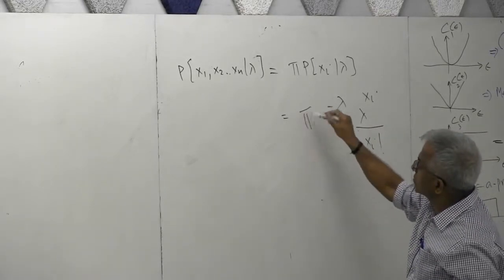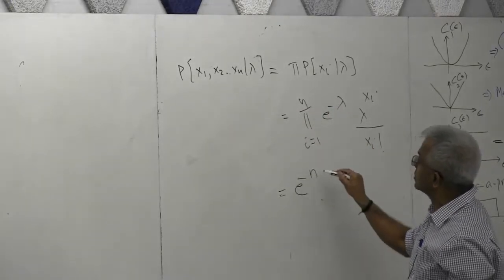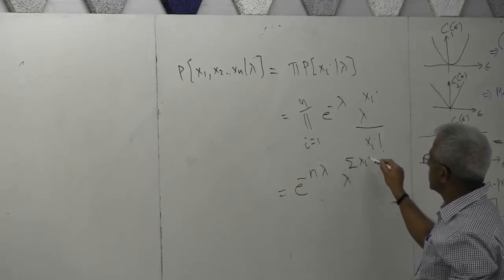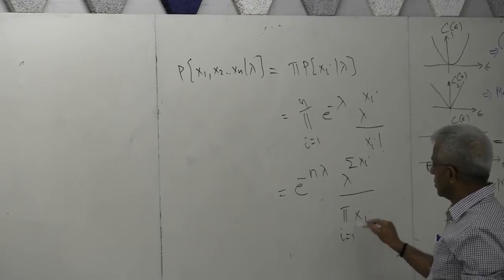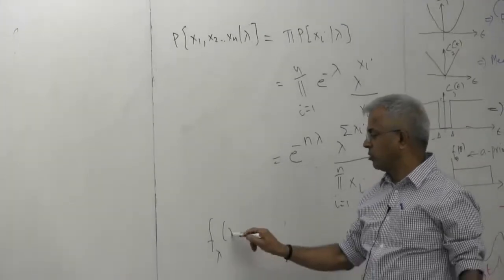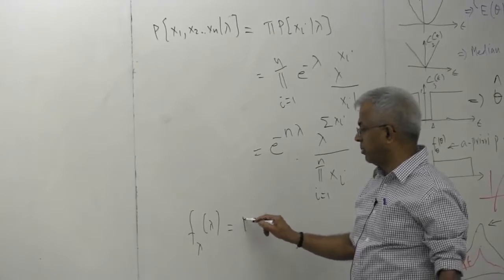There is a product sign i equal to 1 through n. So this is e raised to minus n lambda, lambda to the power sum of xi over product of xi factorial. So I tell you that. Now suppose, I'm just making up a problem. So I also tell you that lambda is exponential with some parameter mu.